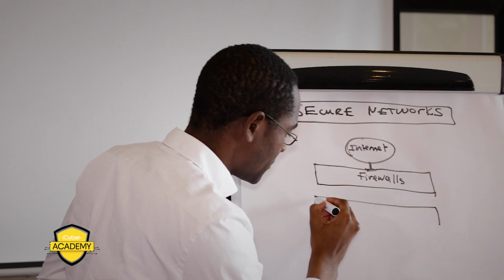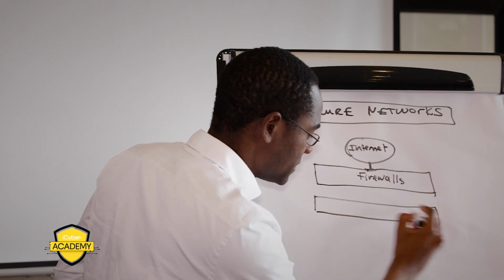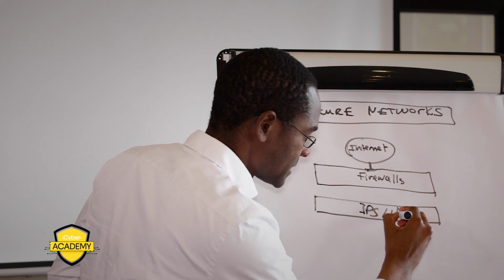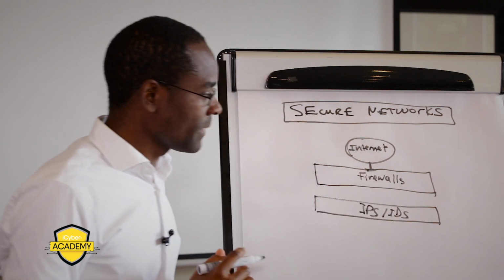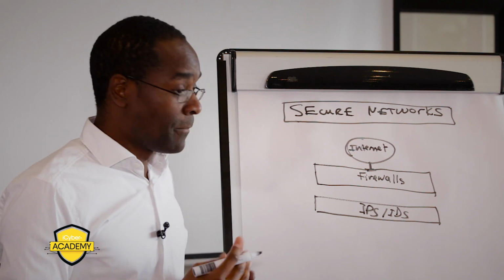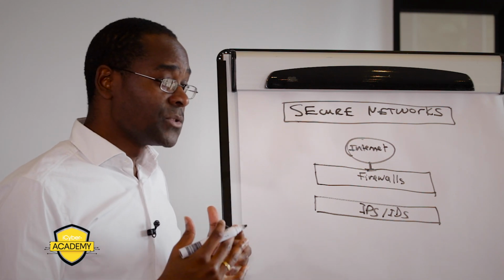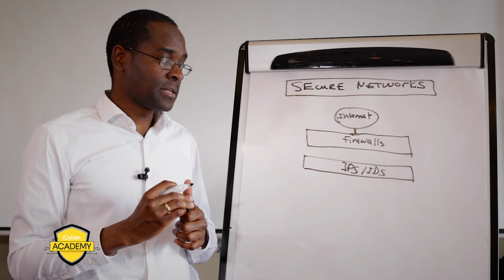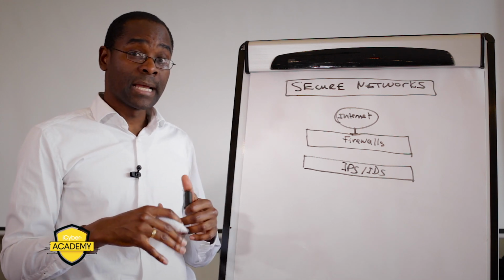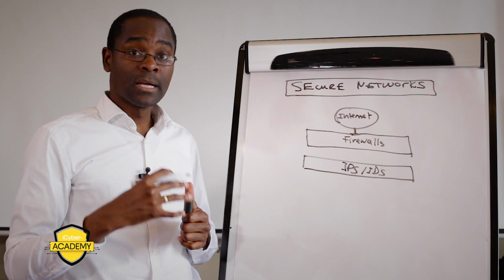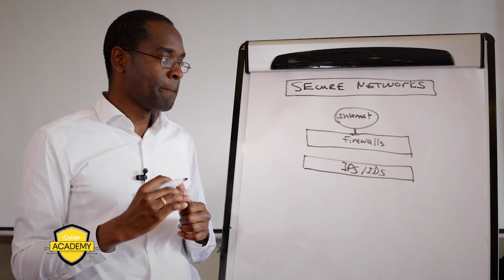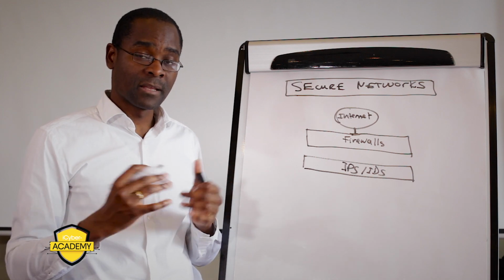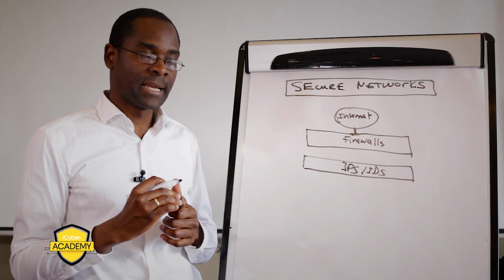As you can see here, I'm going to draw another device called IPS/IDS. These are quite popular when it comes to looking for malware at the network level, and increasingly some of the IPS/IDS are also providing decryption, where you can actually look at the content embedded in a trusted transaction using things like SSL, secure sockets layer.